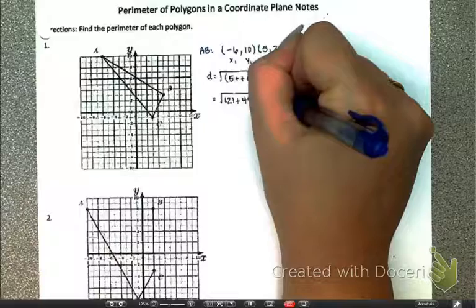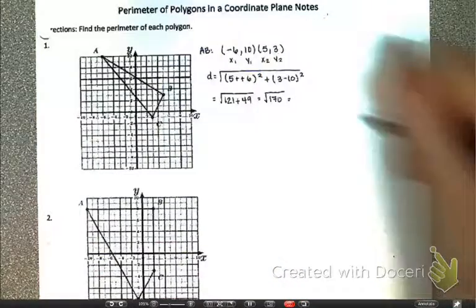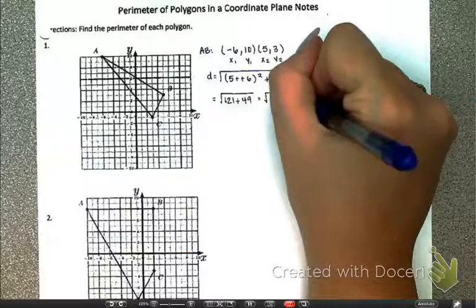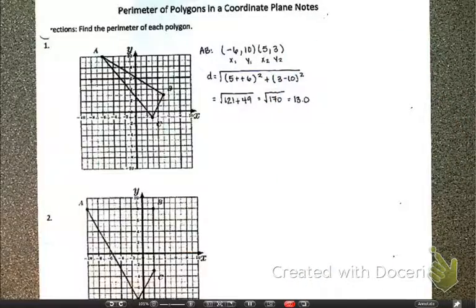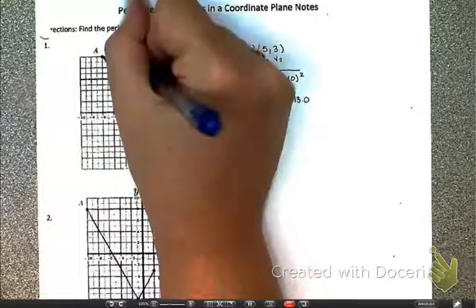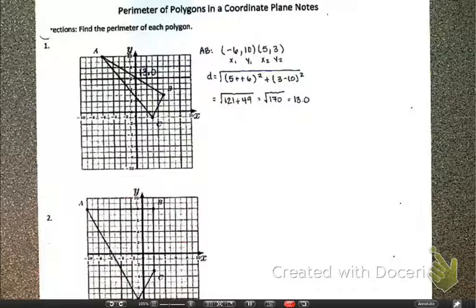And because we're dealing with distance and perimeter, we're going to round it to the nearest tenth. So can someone tell me what the square root of 170 is rounded to the nearest tenth? 13.0. So that is my distance here for AB.